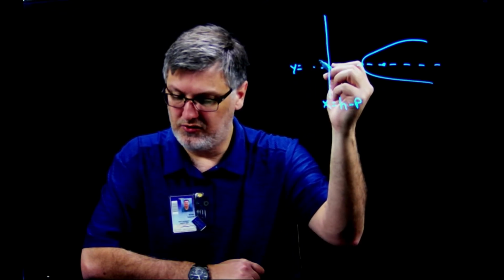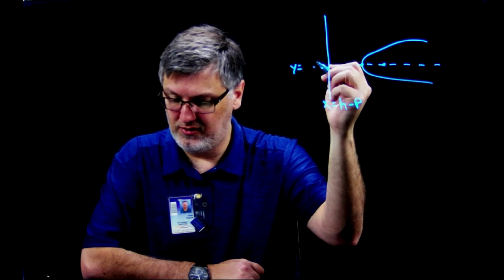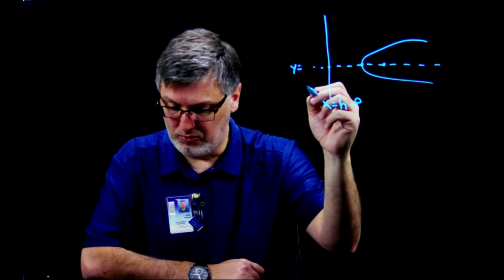Now, we have the same parts. We have the focus, we have the vertex, we have the directrix, we have the axis of symmetry. And we're going to have formulas for this. To find my directrix, it's going to be x = h − p. My axis of symmetry is going to be y = k.